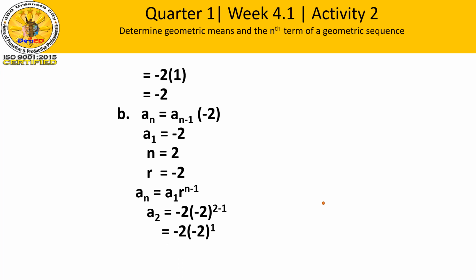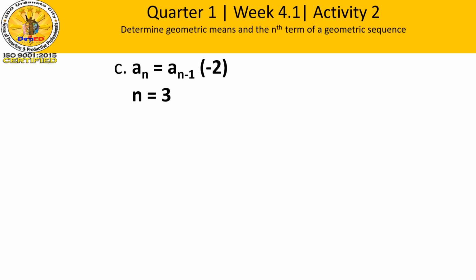By simplification, 2 minus 1 is 1. So we have now negative 2 times negative 2. So a sub 2 is equal to positive 4.